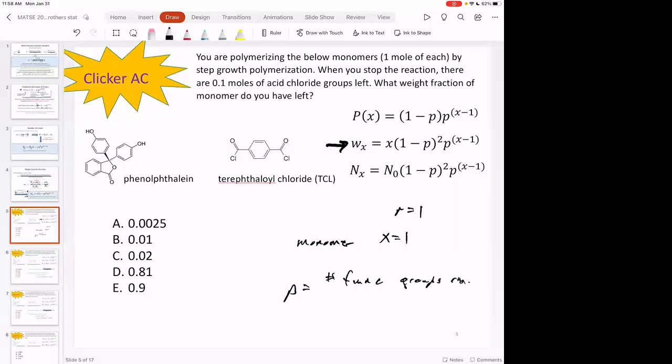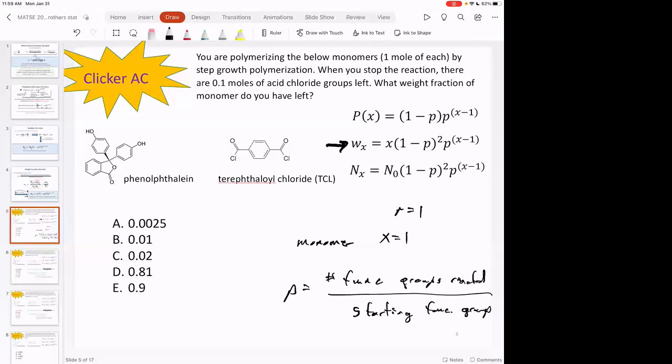P equals number of functional groups reacted over starting functional groups. If you write down the definition that you can't lose, right? How many functional groups do we start with? Two moles, right?